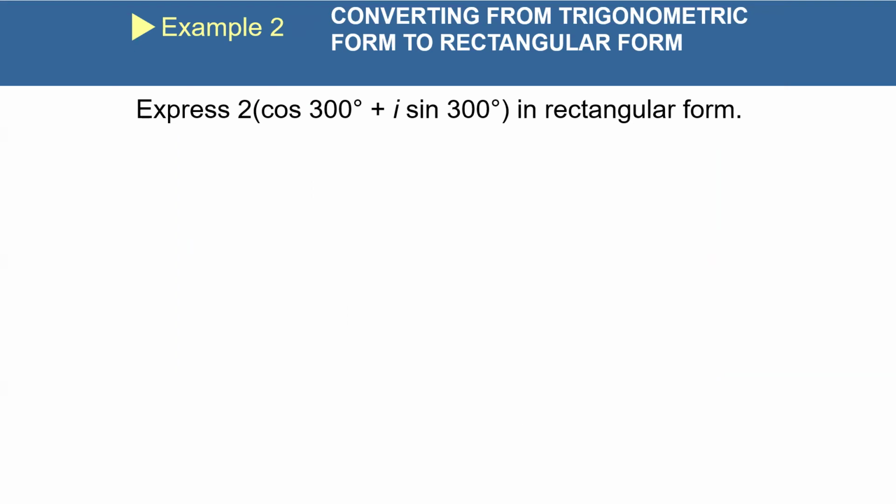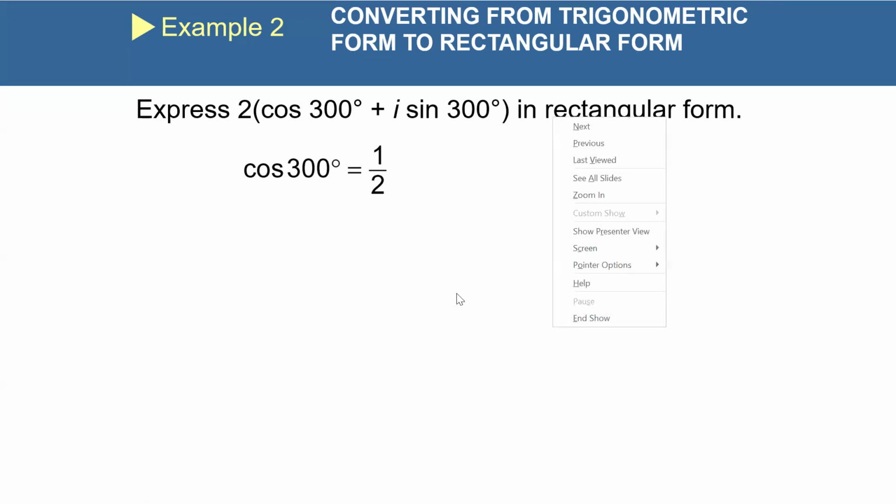Up first, we're going to convert from trig form to regular form. So polar to regular, rectangular form. So we have 2 cosine 300 plus i sine 300. Your a plus bi without the trig.